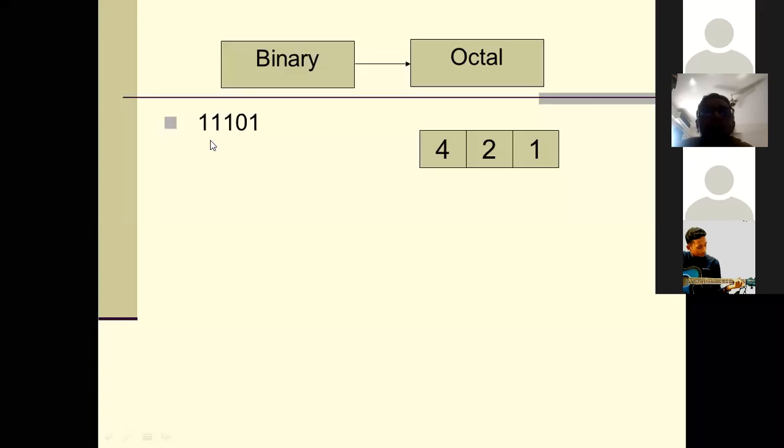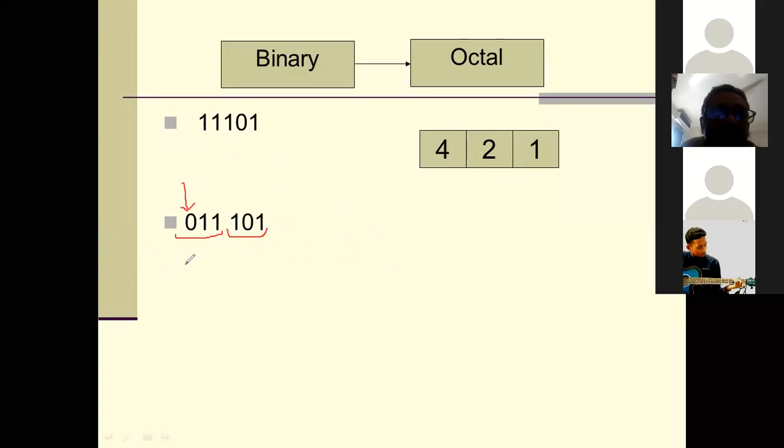Okay, how many bit do you find in this number? 5 bit. But we know that the relationship between octal and binary is 3 bit. So how can I make it a 3 bit combination? I have added a 0 at the leftmost side.